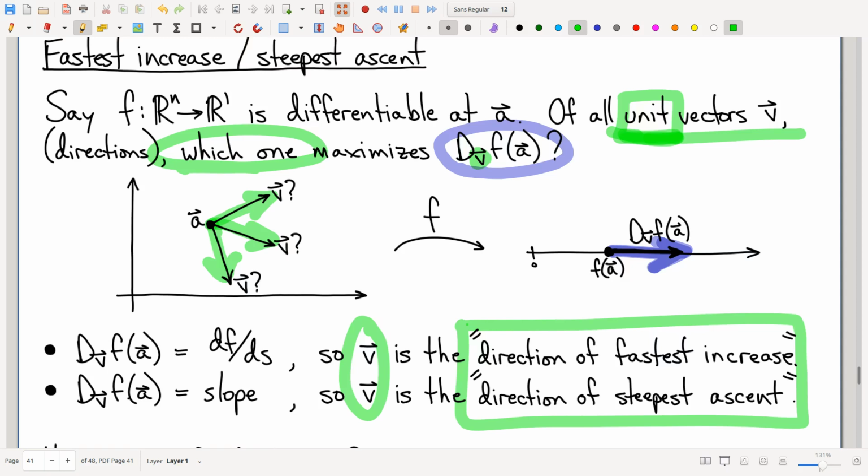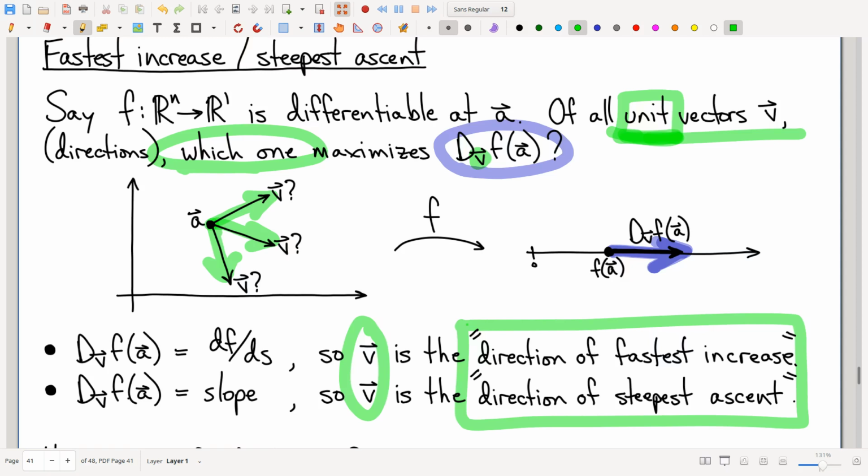This term here, direction of fastest increase, makes sense no matter what kind of picture you're looking at. It's literally, I want to make the function increase as fast as possible. Interpret the function however you want, draw the picture however you want, it doesn't matter. So this first expression is the more general. The second expression is more specific.